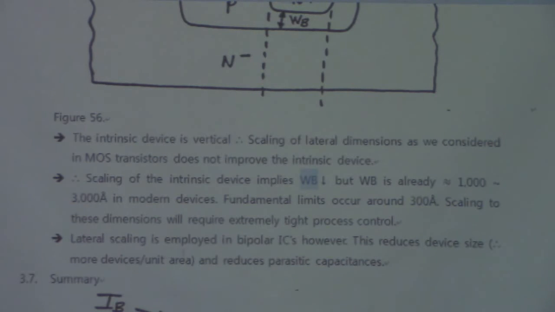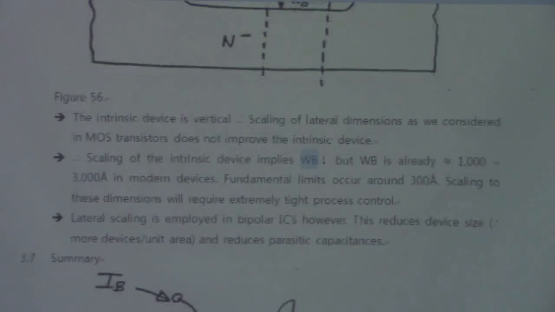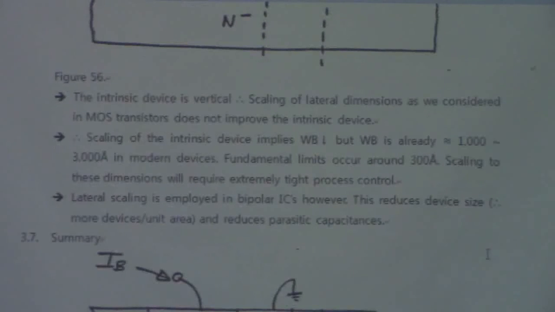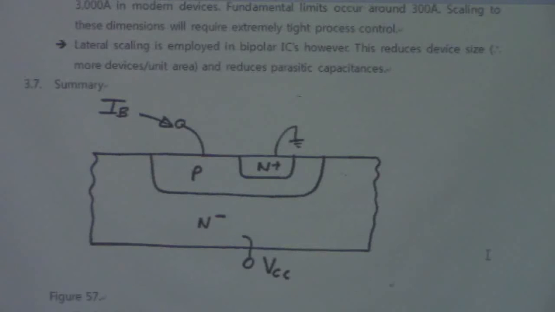Okay, lateral scaling is employed in bipolar transistors, however. This reduces the device size and reduces the parasitic capacitance. We keep on doing it, but we obviously have some limits in the bipolar transistors. And most importantly, the bipolar transistor is not used for the integration of the device because bipolar itself is larger than the MOS transistors. It's not beneficial to get a high-level integration with the bipolar transistors.